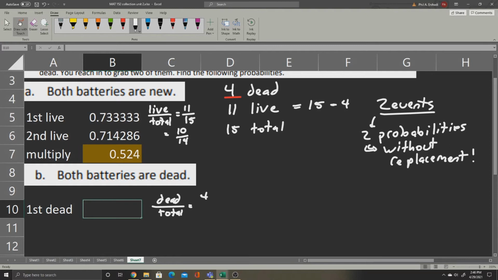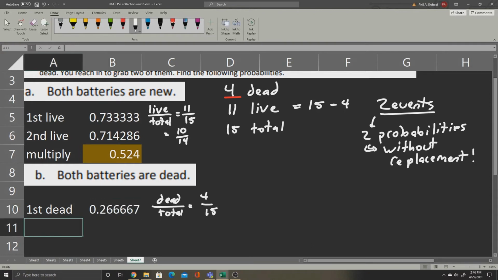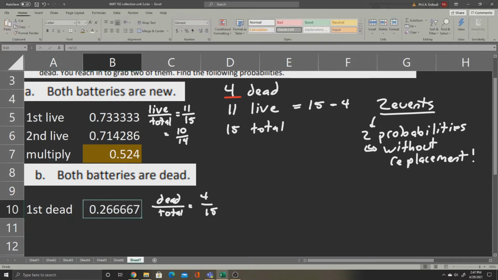Now, we're going to reset the count from last time, and we're going to have 15 total batteries again. We're not going to use our results from Part A to carry over to Part B. We'll still say there are 15 batteries total. We'll say equals 4 divided by 15, giving us this probability. We'll reduce decimal a few times as well.